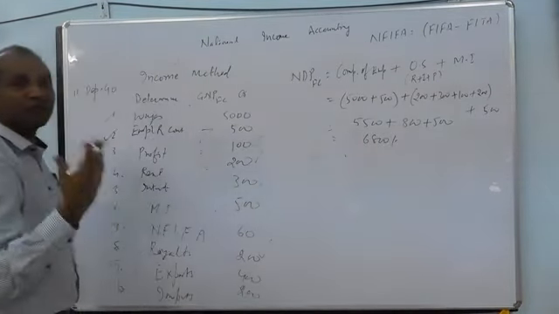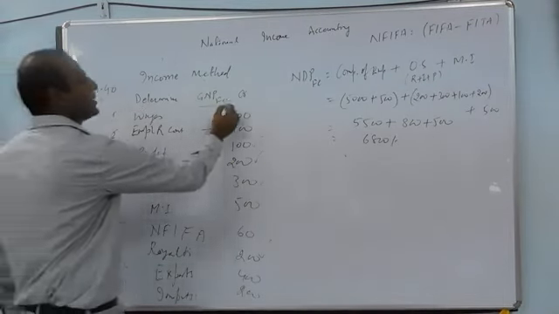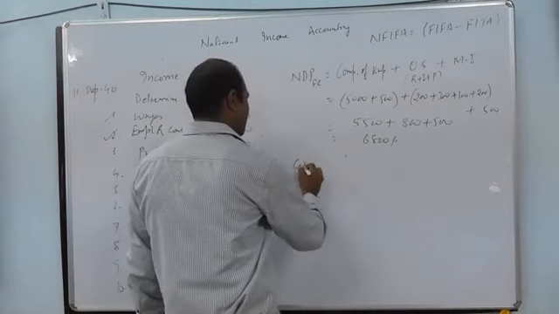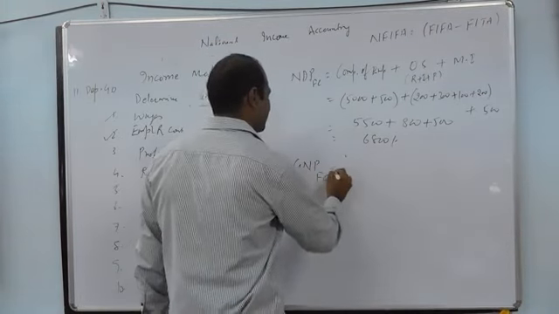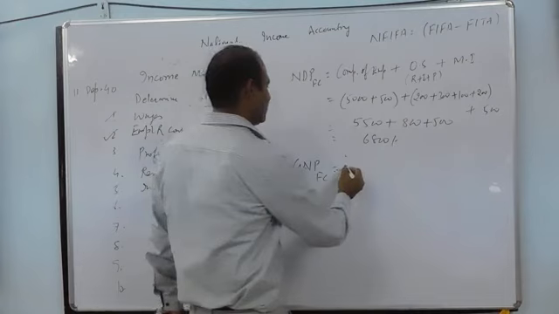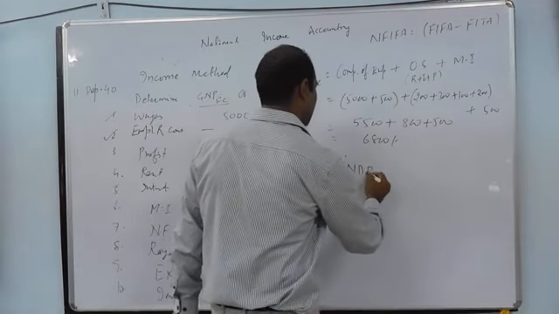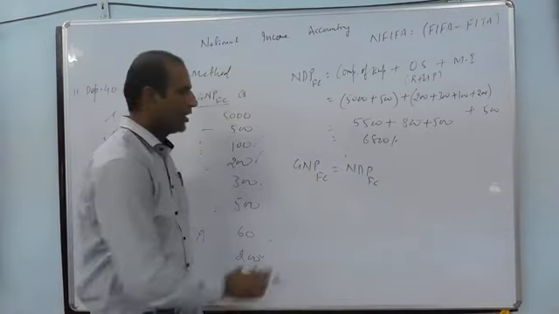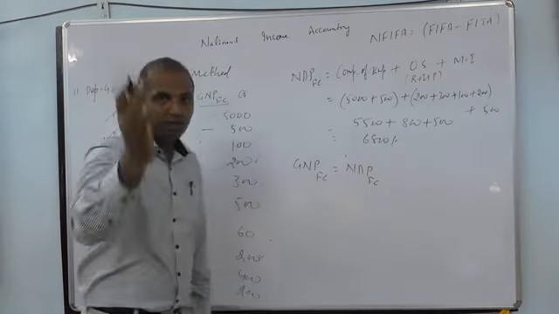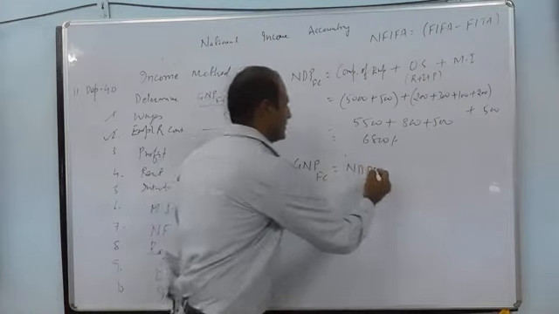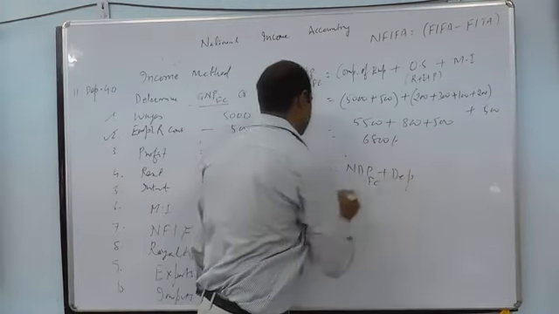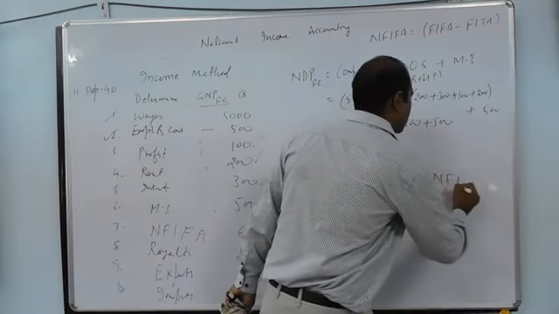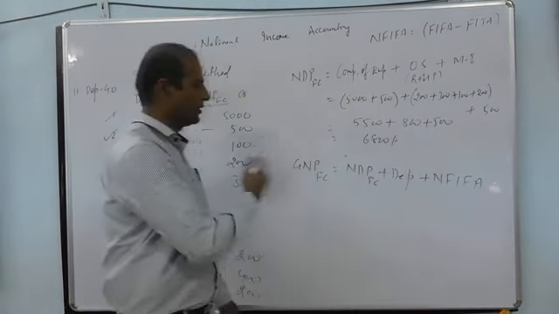But what do we have to find out? We have to find out GNPFC. आपको क्या दिया हुआ है? या आपने क्या find out कर लिया है? NDPFC. Now you have to bring GNPFC. The first thing, convert net to gross, add depreciation. Convert domestic to national, add net factor income from abroad.